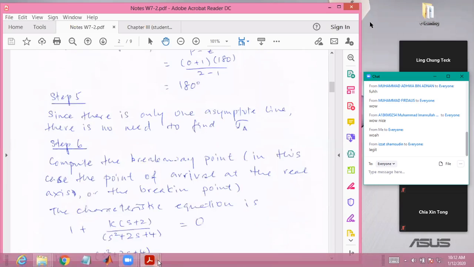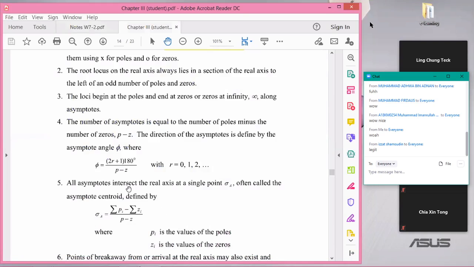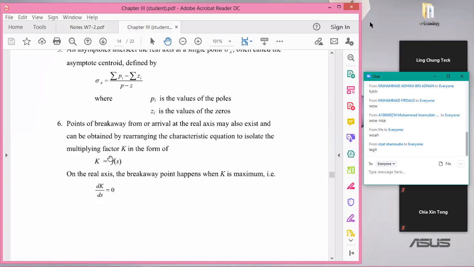Now step 6, the points of breakaway from or arrival. In this case, we are going to have an arrival point instead of a breakaway point. Breakaway is the point where your locus leaves or exits the real axis. But in this case, our locus enters the real axis.